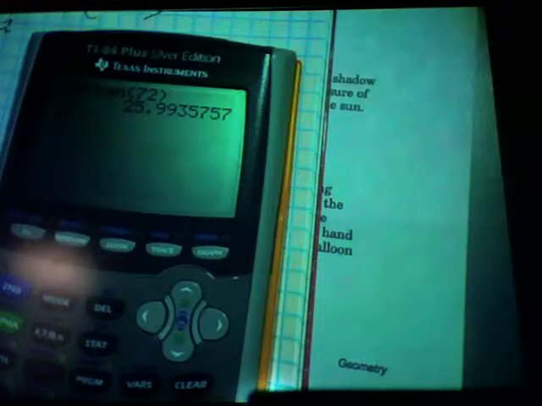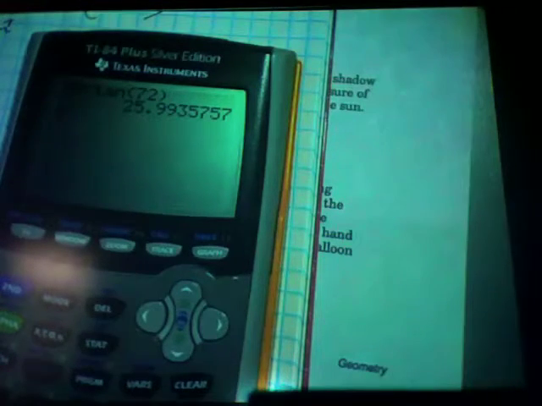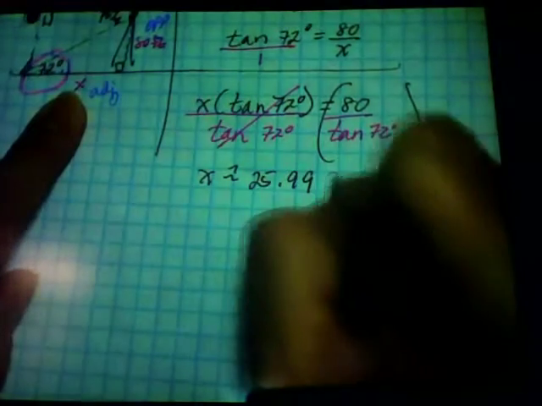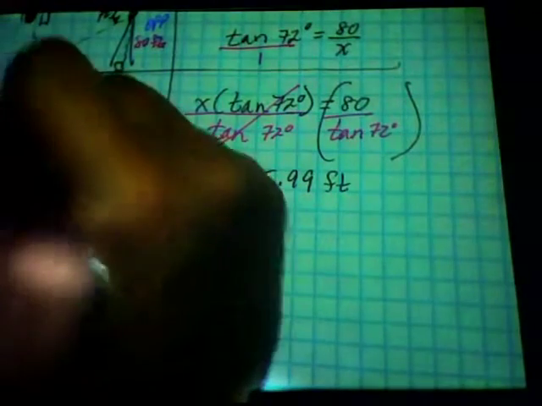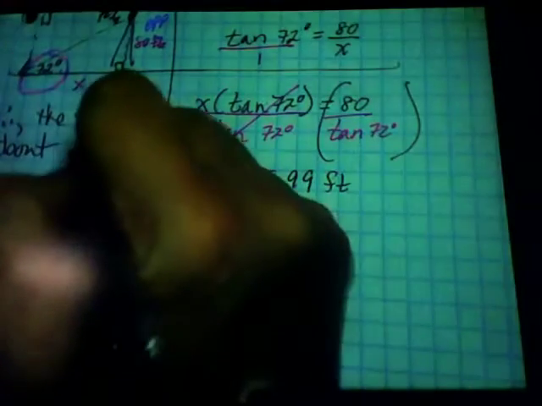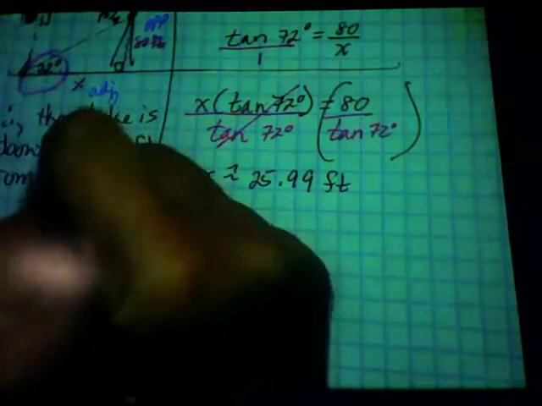So it's 25.99, right? Look back at your picture. X is a measurement, and isn't it in feet? Therefore, the stake is about, because we estimated, 25.99 feet from the foot of the tower.